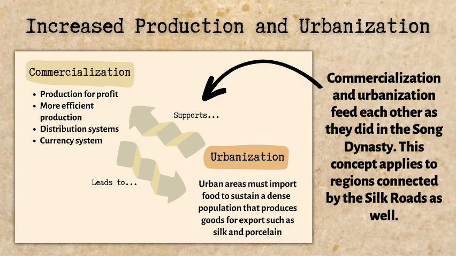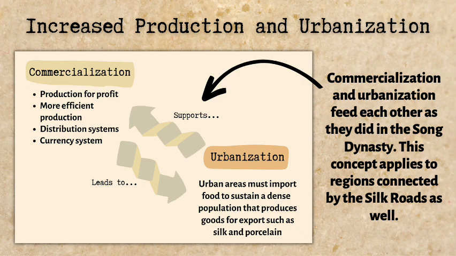This requires that people who work to produce goods move into more dense city areas, and that is urbanization. Urban areas import the goods needed for everyday life, such as food items, so that those people can focus on the production of goods for export. We originally explored this concept in relation to the Song dynasty.